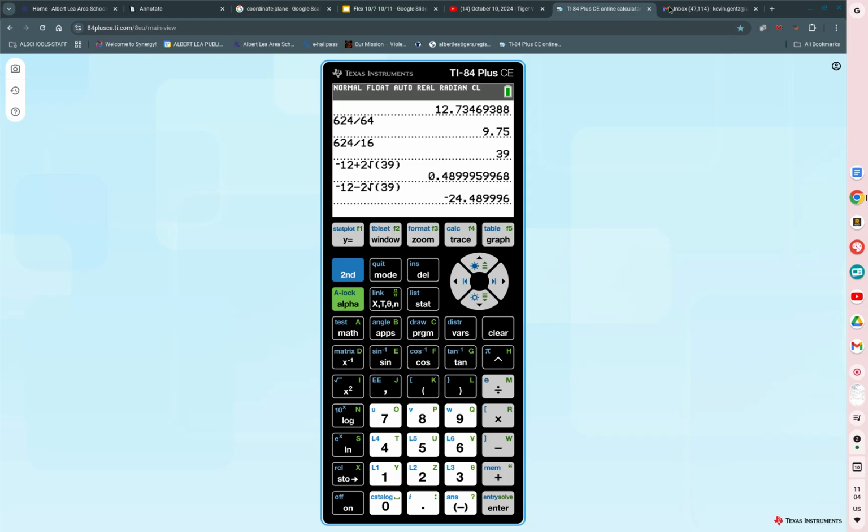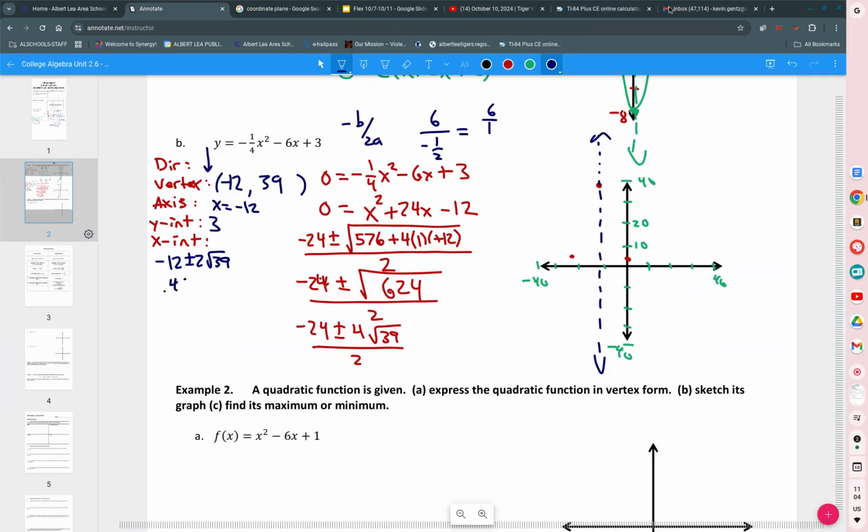And we have 0.48 and negative 24.48. As I go to plot these, 0.48 is just past 0, and negative 24.48 is just short of negative 25, and so I get a nice shape.